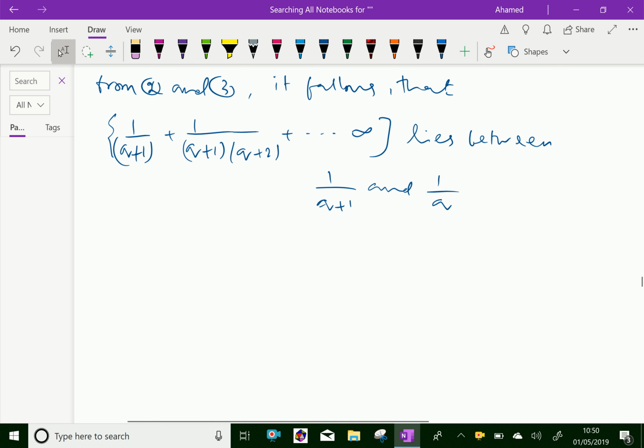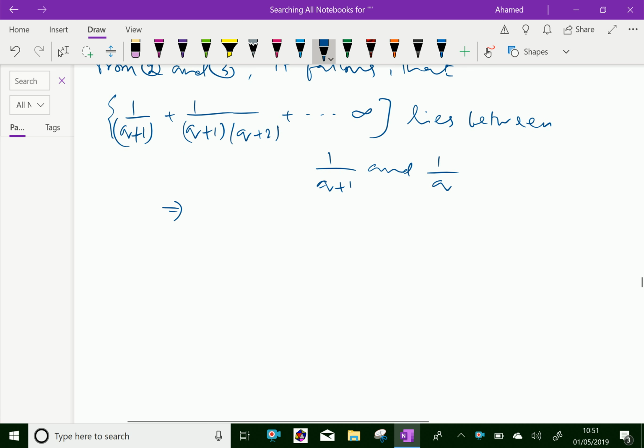Therefore we conclude that the right-hand side term of 1 is the sum of an integer and a proper fraction.